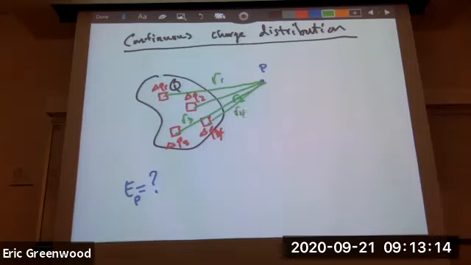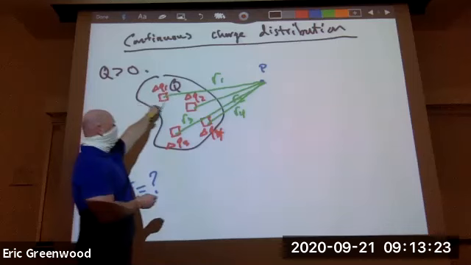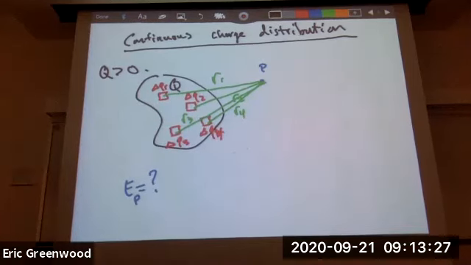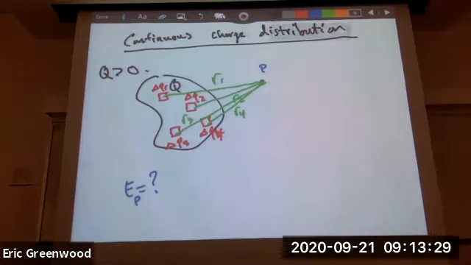Now for funsies, let's just say that Q is greater than 0. So this thing is positively charged, which means that since all of these are positive point charges, the electric fields will have to point radially away from it along these lines of connection. This one's going to have an electric field pointing this way. So that's E1. E2 is going to be this way.